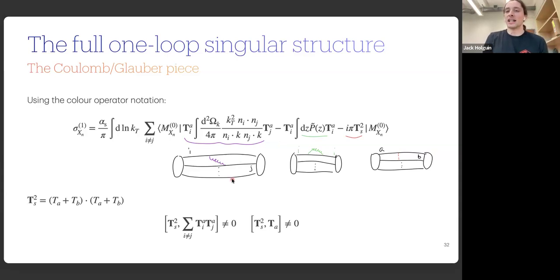Last week, I showed that you can factorize collinear from soft by commuting the collinear charge past the soft charge. And this term here corresponds to collinear emissions, so looking like a self-energy diagram. And this term here is soft going between two legs. And as I said last week, we showed we can pull these apart and factorize them.